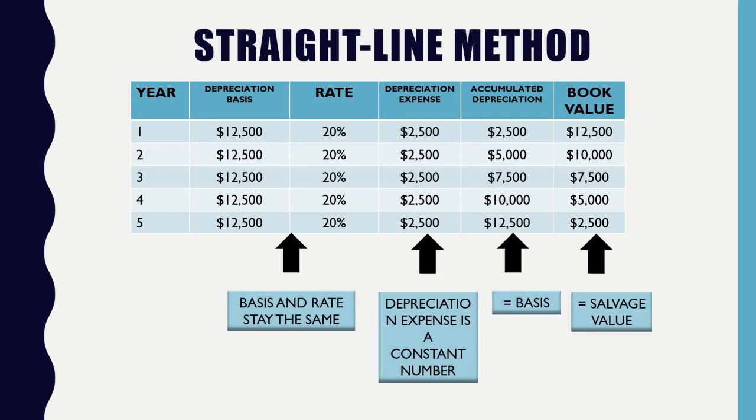So the only numbers that we're really calculating are the accumulated depreciation and the book value. Now, since book value cannot fall below salvage value, you will never fall below or above salvage value.